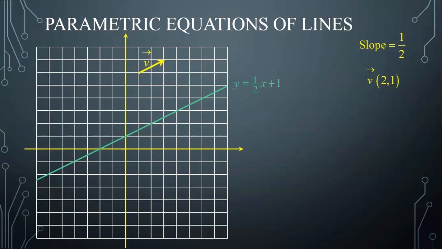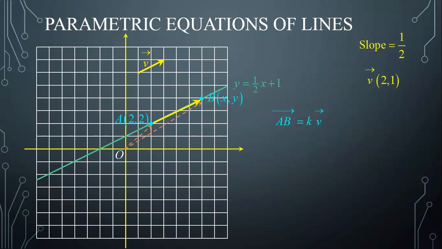Now, moving the vector aside for the moment, considering the point A on the line of coordinates 2, 2, and a variable point B on the line of coordinates x, y, the displacement vector AB is parallel to vector V and can be written as k times the vector V, where k is a real constant.